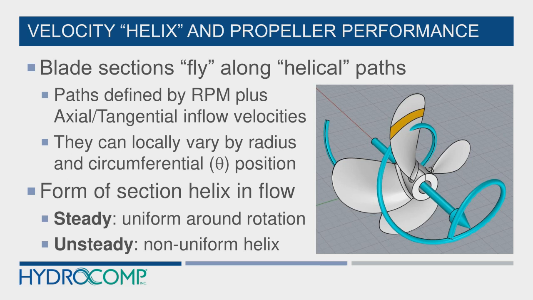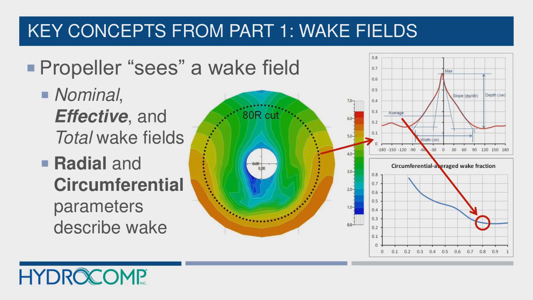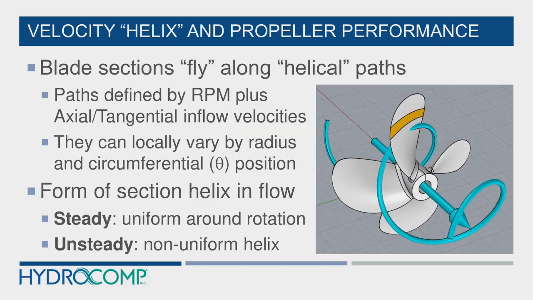Now, these velocities can locally vary by radius from root up to tip and by circumferential position, as we saw from the previous plot. It varies at different rotational positions, so we'll use the symbol theta for that.